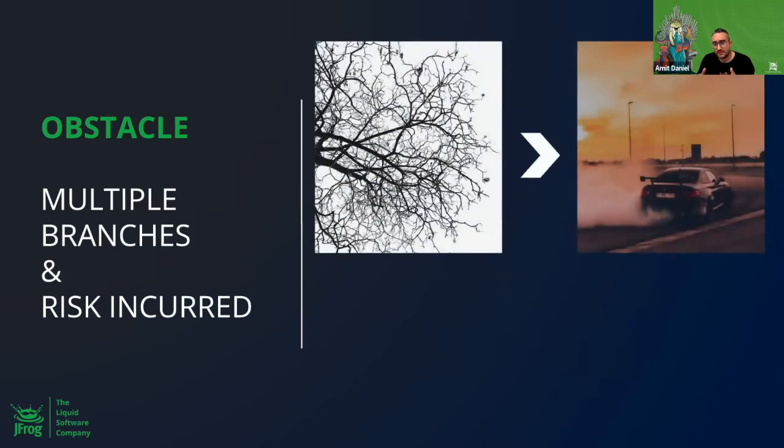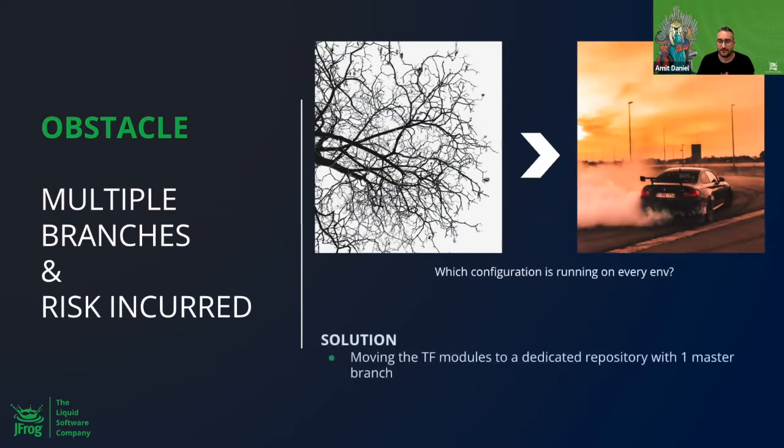Before moving to use Terraform with 2 major branches, we found ourselves with a branch per feature environment. This caused us a lot of drifts. We couldn't understand which configuration was running on every environment. The solution for that was splitting Terraform code into 2 main repositories, one for the live code and one for the Terraform modules.